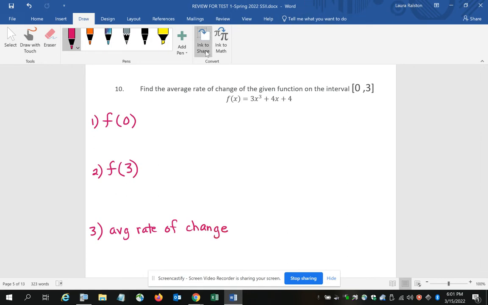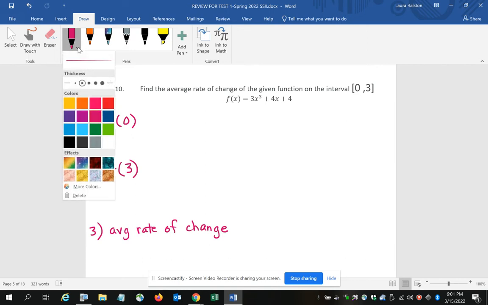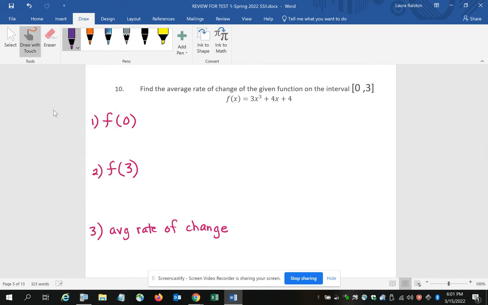Okay, so it's a lot of plugging and chugging. It may help you to do it in different colors to help you keep it straight. So if I do f at 0, I would have 3 times 0 cubed plus 4 times 0 plus 4. Continuing on, 3 times 0 cubed is 0, plus 4 times 0 is 0, plus 4.